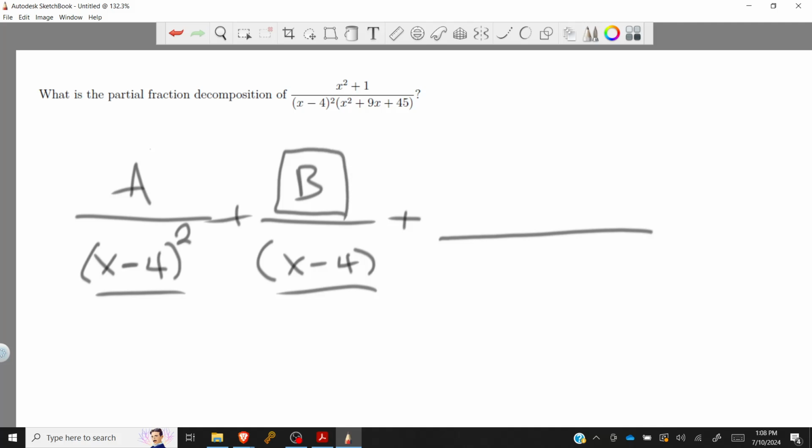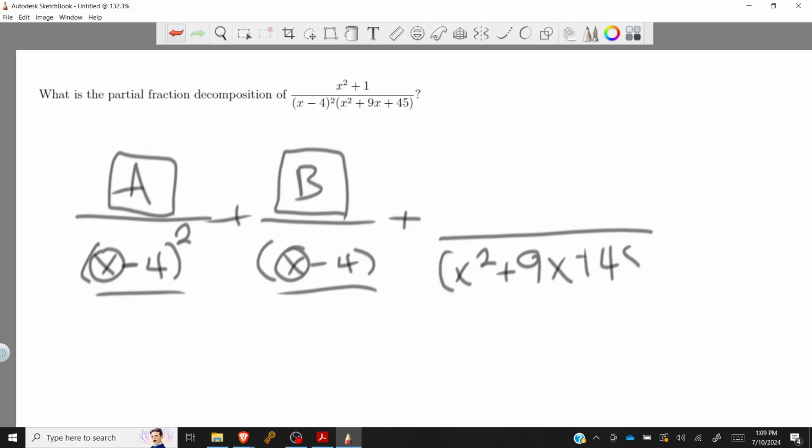And it's just a single term because x is to a single power. Same with this one, x is to a single power. It doesn't matter that it's squared. What we care about is the degree of the variable in the root. And then this one's going to be x squared plus 9x plus 45.